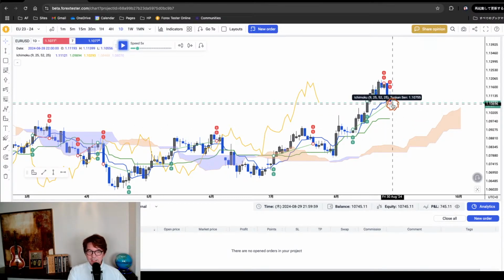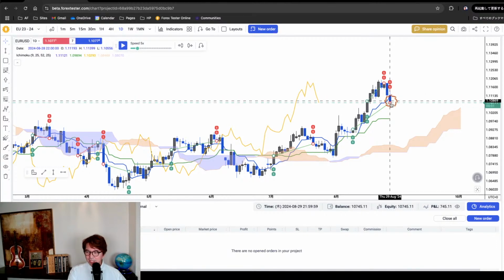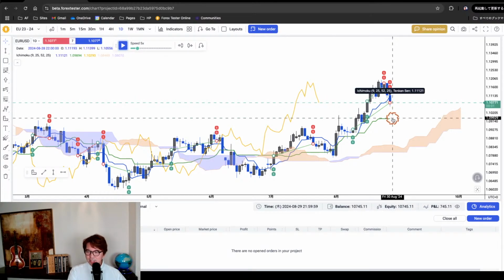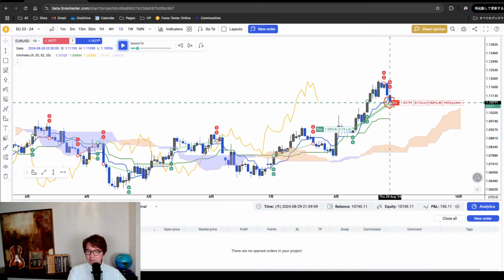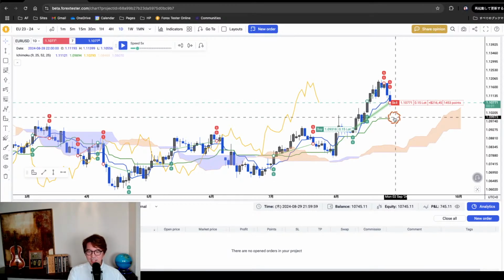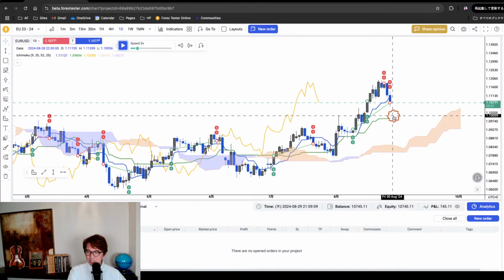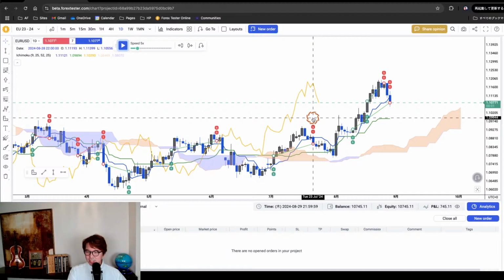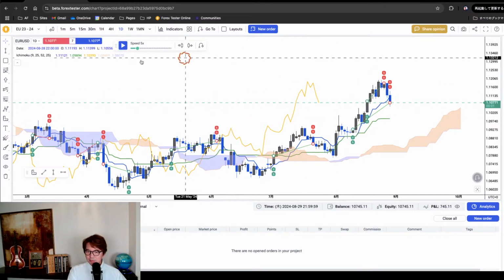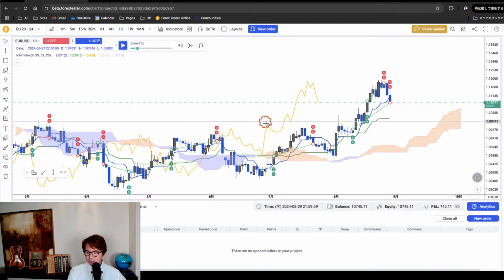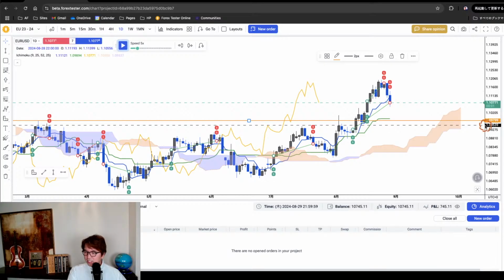For this one, since the price is now below Tenkan-sen and Kijun-sen is flat, the price may retrace down to Kijun-sen, right? Or even before it touches Kijun-sen, there are some resistances over here. So the price may be supported by the resistances around this area, around 1.0979 or 1.098.